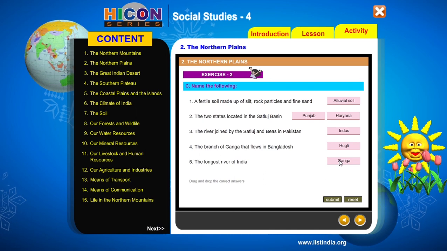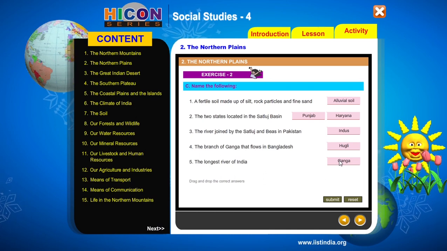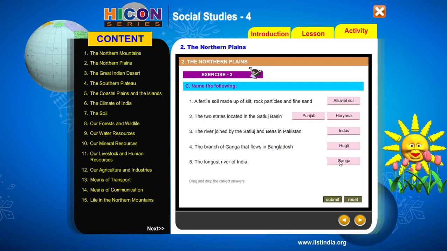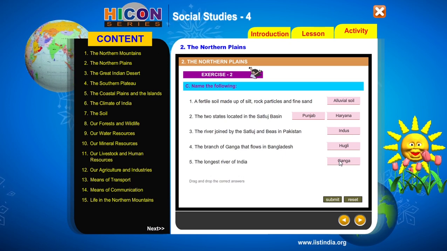So now I will keep the screen the same for another minute so that you can read the 5 sentences and the answers once again.